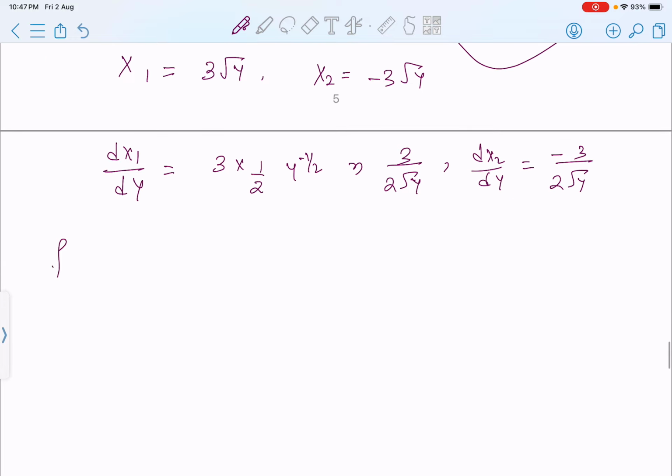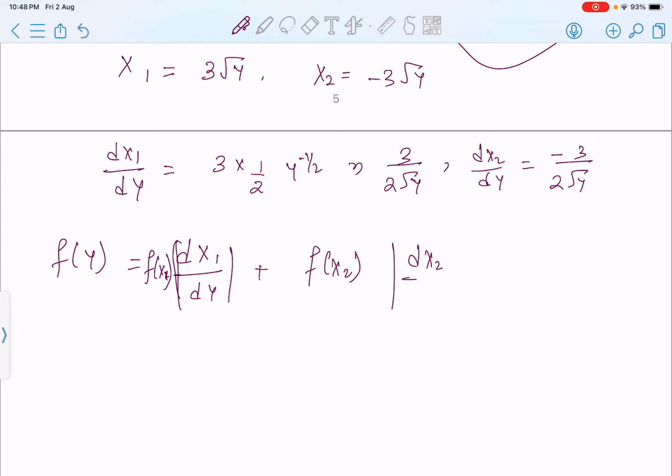Yes. So f of y will be mod of dx1 upon dy multiplied by f of x1, plus f of x2 multiplied by mod of dx2 upon dy, correct?